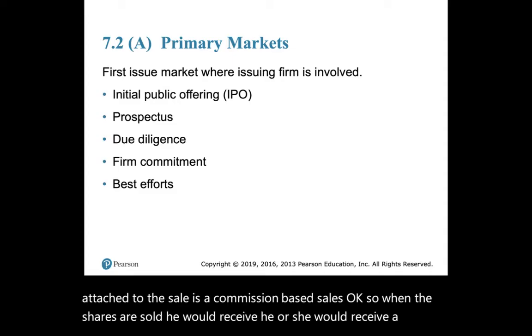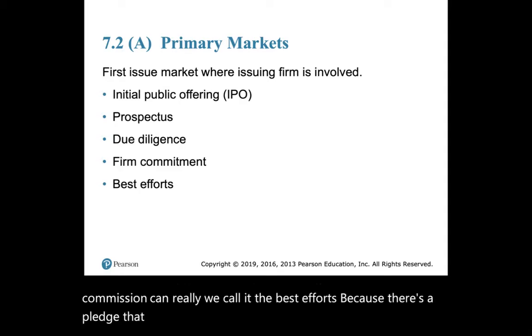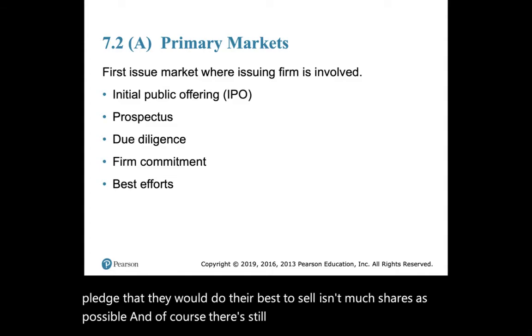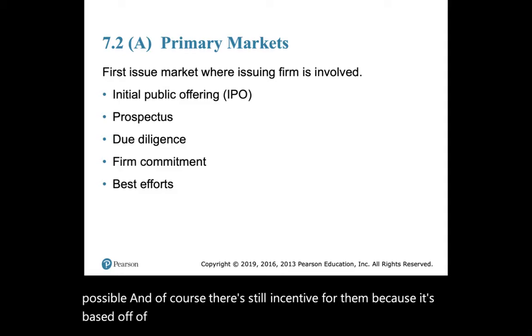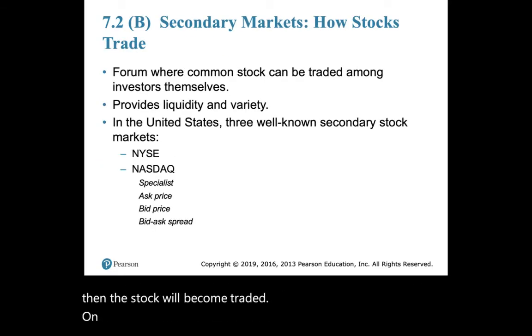Really, we call it the best efforts because there's a pledge that they would do their best to sell as many shares as possible. And of course, there's still incentive for them because it's based off of a commission. So in both cases, once the IPO is made, then the stock will become traded on the secondary market.